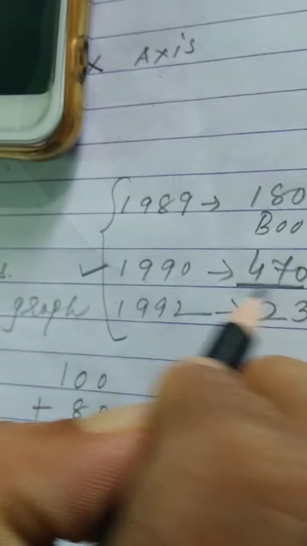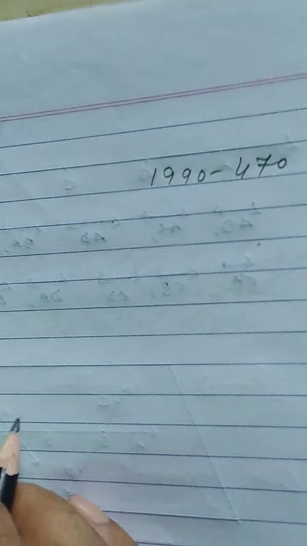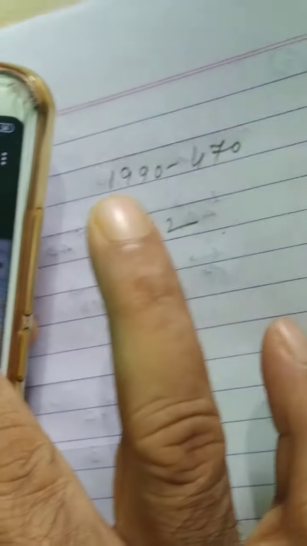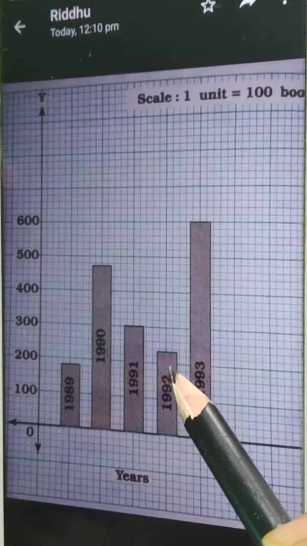See, in 1990, how many? 470 books, right? And if we observe in 1992, the books are 230.